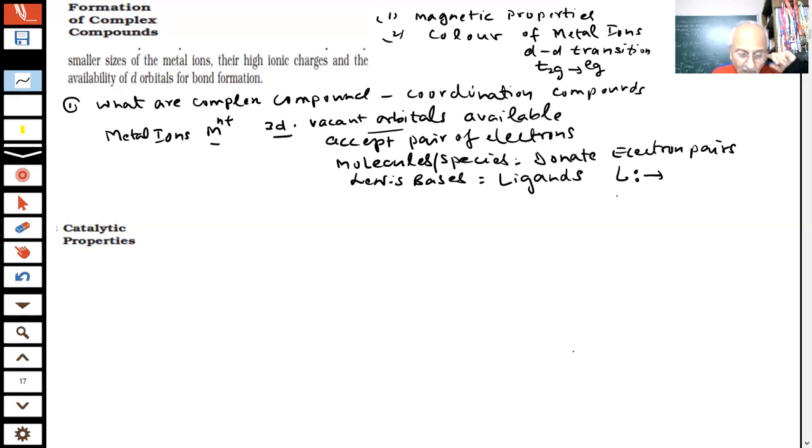One or more ligands can be present in a species. So you have metal ions, and the charge is very high.